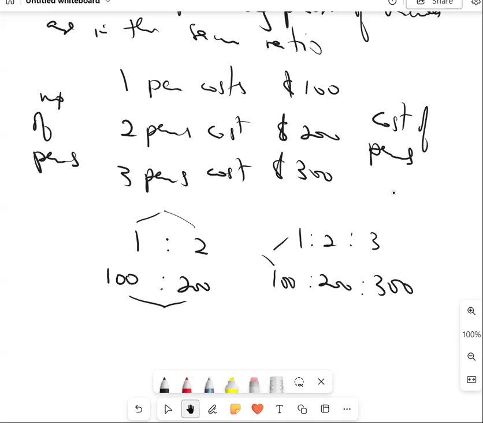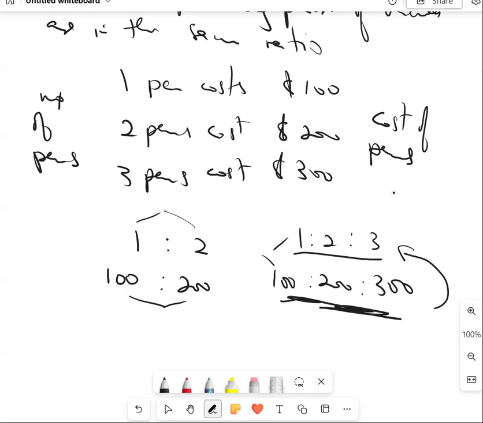Of course, in the real world, sometimes people say buy 2, get 1 free, and all kinds of things. Forget those situations. In reality, if 1 pen is $100, 3 pens should cost $300. So notice the ratio of the number of pens is also the same as the ratio of the cost, because if you were to break this down, you will get that.